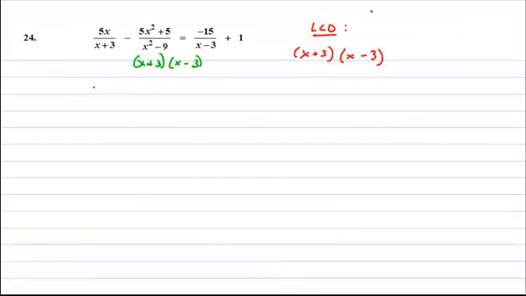Now I'd like to take a look at what would happen if you dealt with this in the same way that you deal with adding and subtracting rational expressions. So instead of multiplying every term by the LCD, we're going to multiply by what is missing, so every expression has the same denominator in the end. So first term, 5x over x plus 3 is missing the x minus 3.